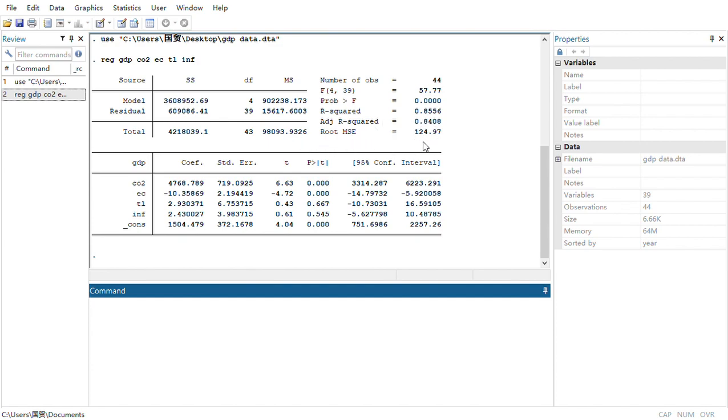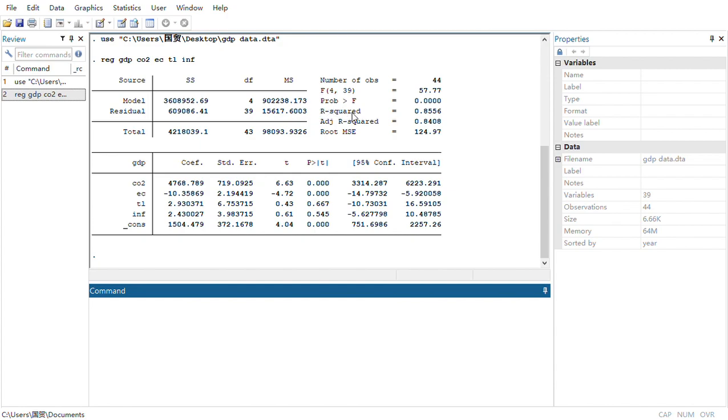Stata will also display the root mean square error. These are our p-values, the significance. For the interpretation of the results, first you have to look at the p-value. Is it significant? If it's significant, then your result is very good, it's very robust.